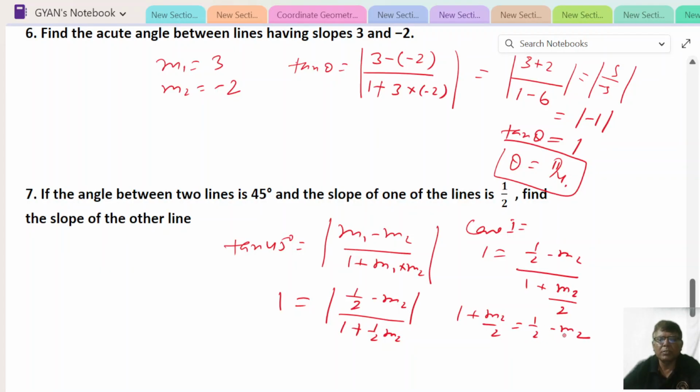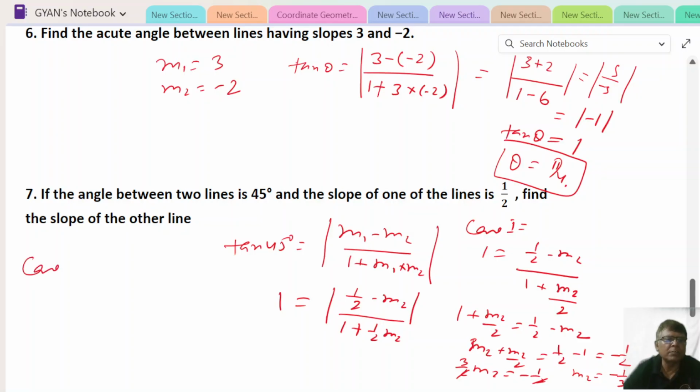Taking this to this side, m2 plus m2 by 2 is equal to half minus 1, which is equal to minus half. So 3 by 2 m2 is equal to minus half. The 2 gets cancelled, so m2 is equal to minus 1 by 3. So the slope of the line is minus 1 by 3.